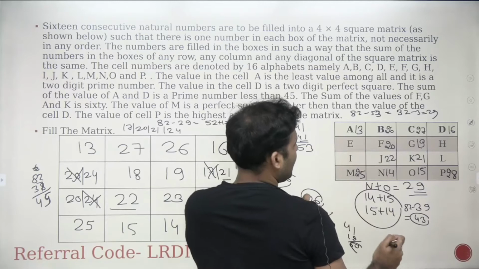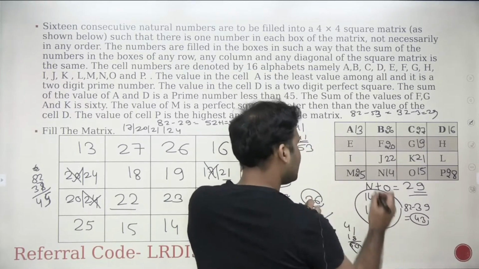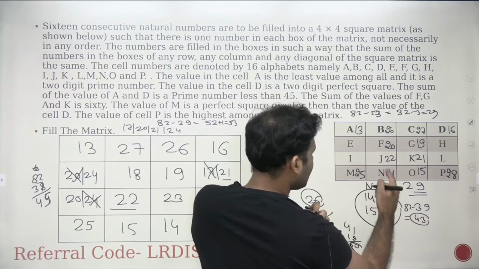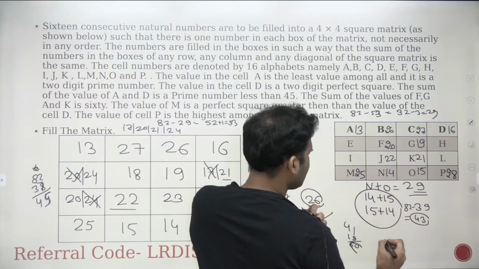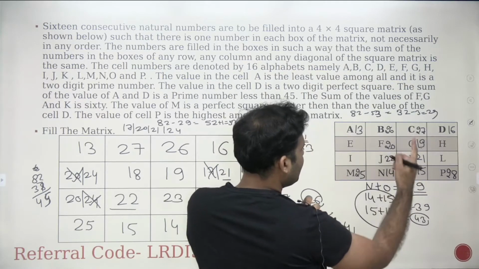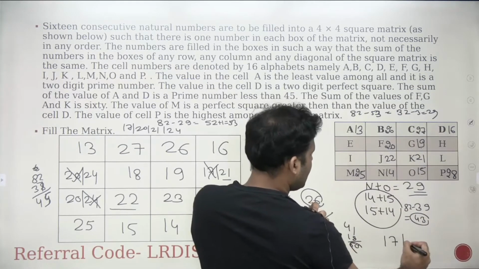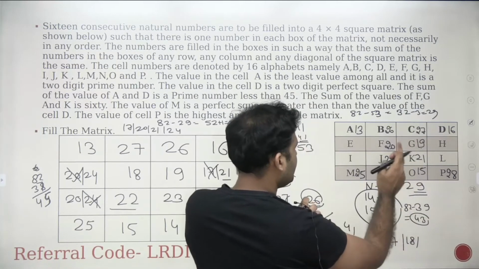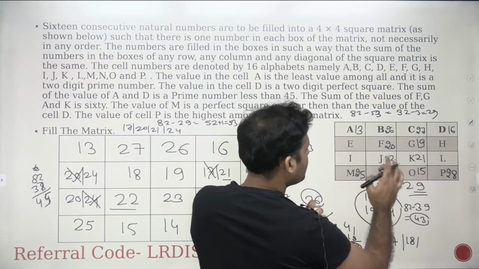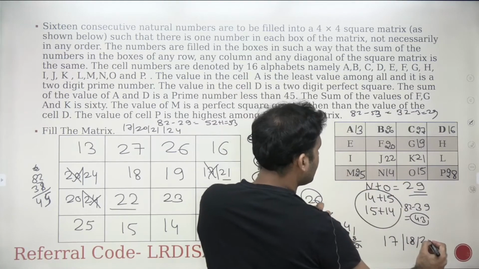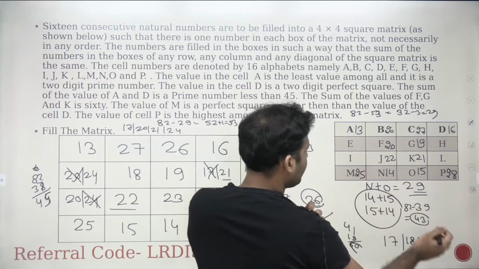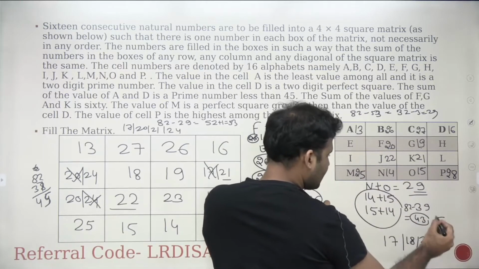And what are the options that are left to me? 14 has been used, 15, 16, 17. 17 is an available option, 18, 19 has been used, 20, 21, 22, 23. 23 is available to me and 24 is available to me. I need the sum as 43.